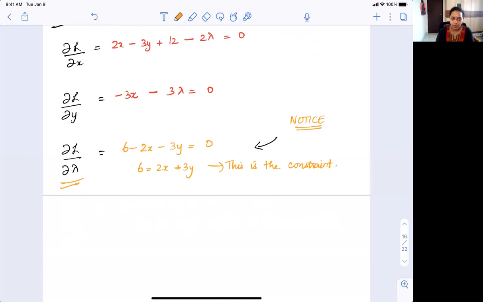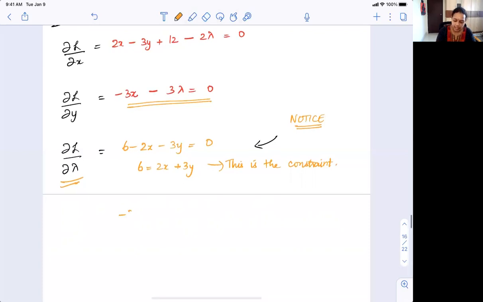The first step is to use this expression to get x in terms of λ, and then feed the value of x in terms of λ into each of the other 2 equations, so you eventually end up with an expression only in terms of y and λ. Let's solve it. You have minus 3x minus 3λ is 0. So minus 3x is equal to 3λ. Can I say x is equal to minus λ? That is the first step.